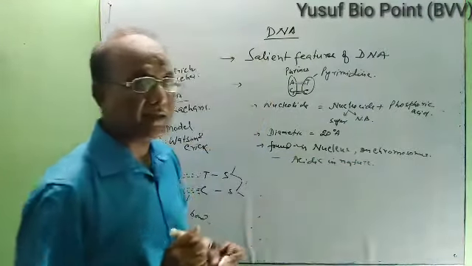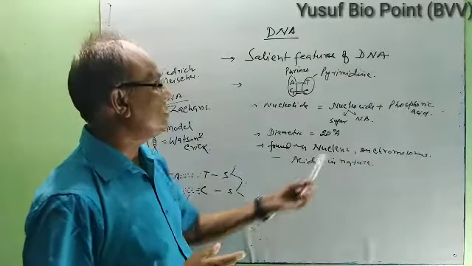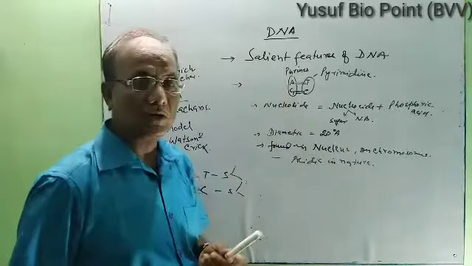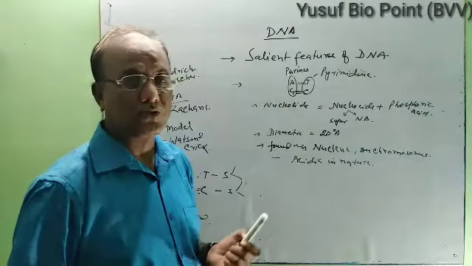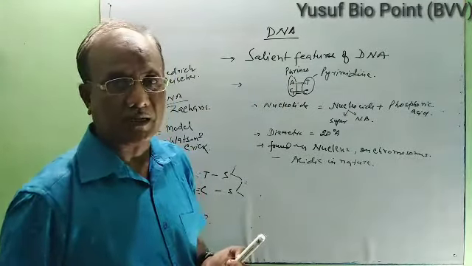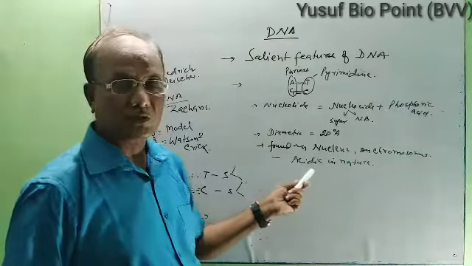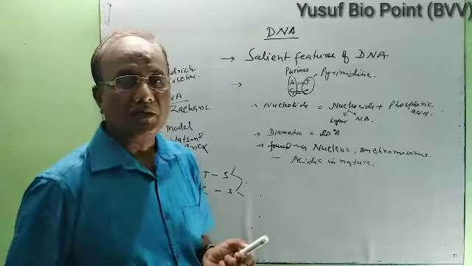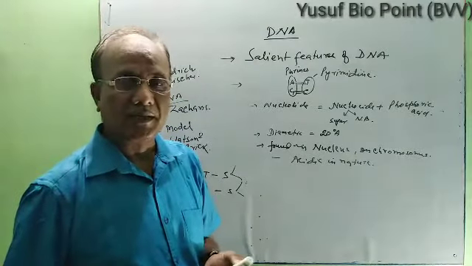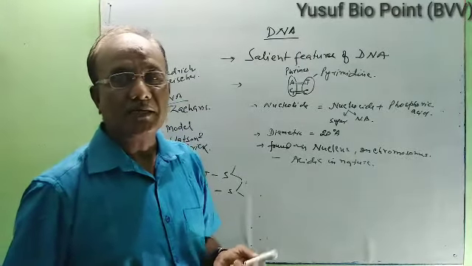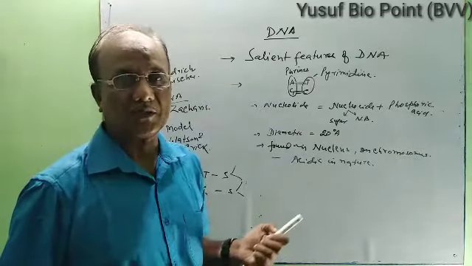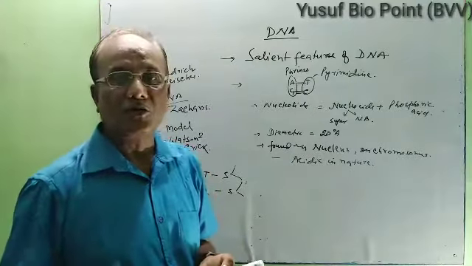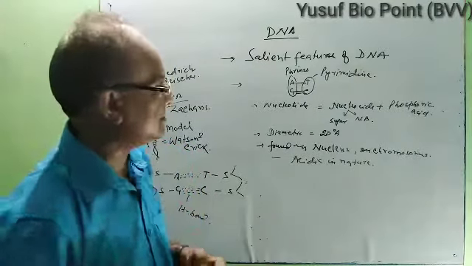Because it is found in nucleus and acidic in nature, it is called nucleic acid. Frederick Miescher, because it is found in nucleus and acidic in nature, called it nucleic acid.